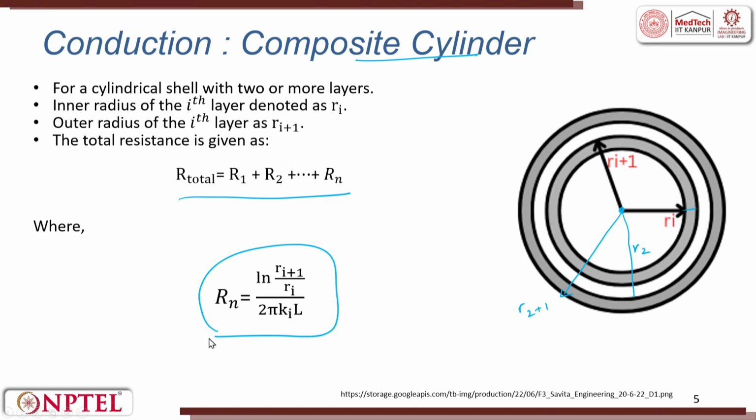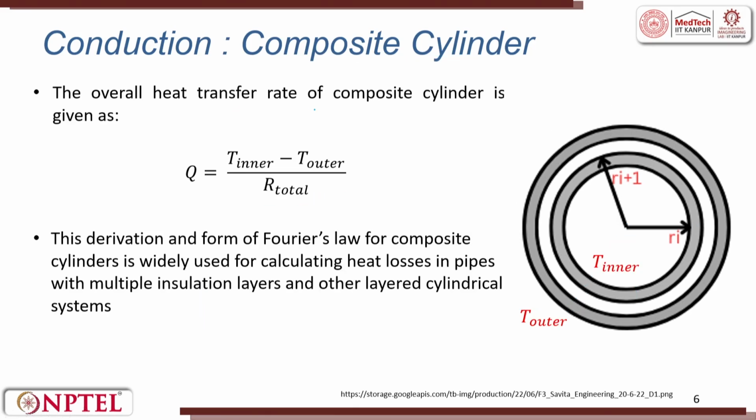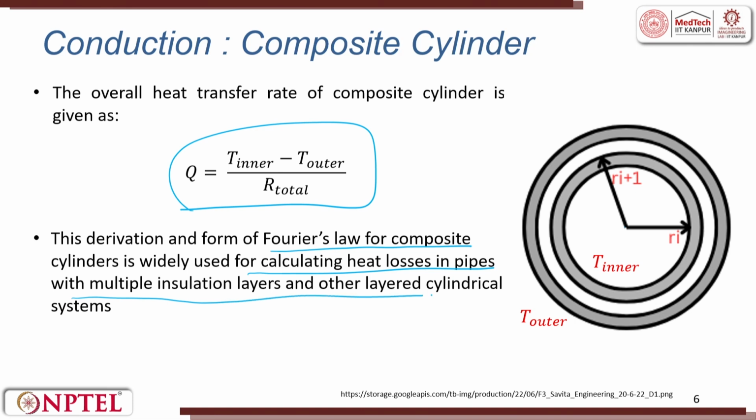Rest all is the same as what we see in the plain cylinder. So the overall heat transfer for a composite cylinder will be T inner minus T outer divided by the total resistance. This derivation and form of Fourier's law for a composite cylinder is widely used for calculating heat loss in a pipe with multiple insulation layers and other layered surfaces.